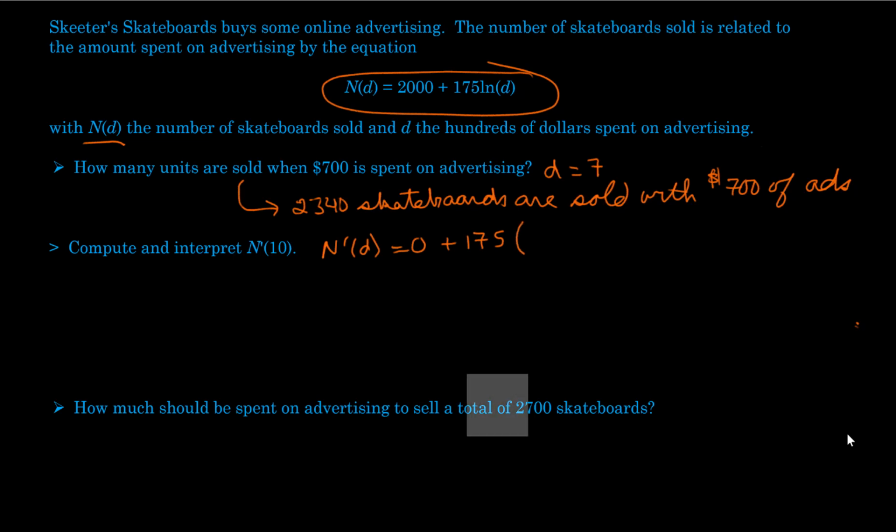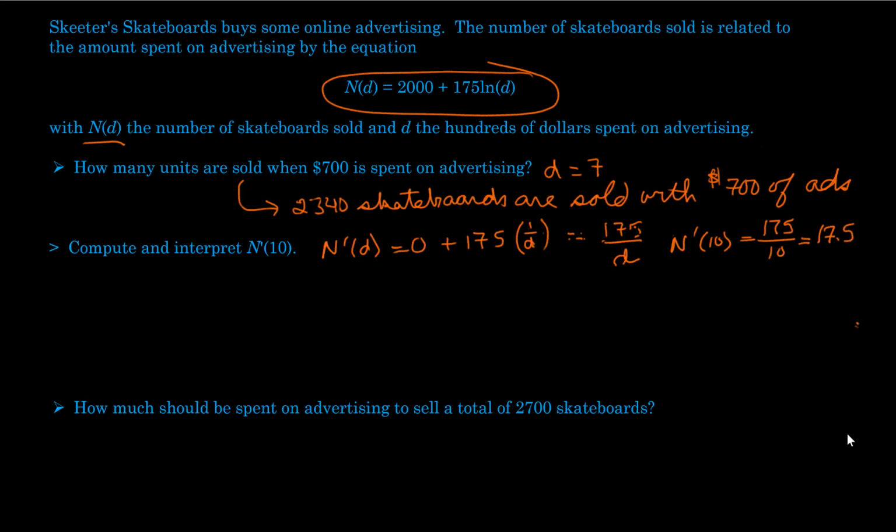The natural log of d, when you compute the derivative, is going to be 1 over d. This just works out to be 175 over d. So there's the derivative. Now, you're asked to compute the derivative at 10. So the derivative at 10 is going to be equal to 175 over 10, which is 17.5.